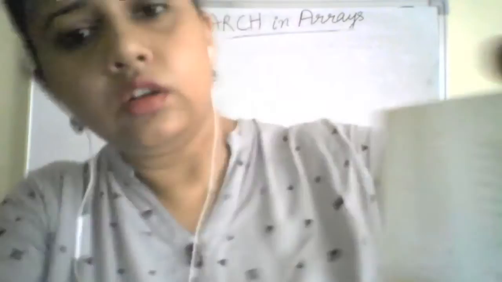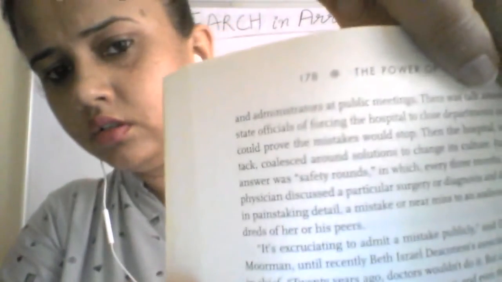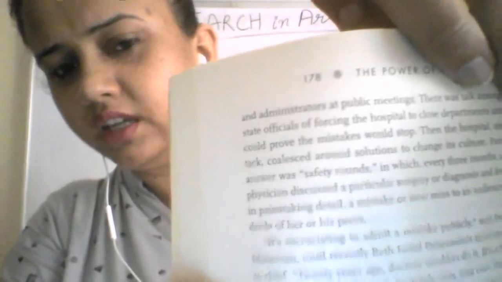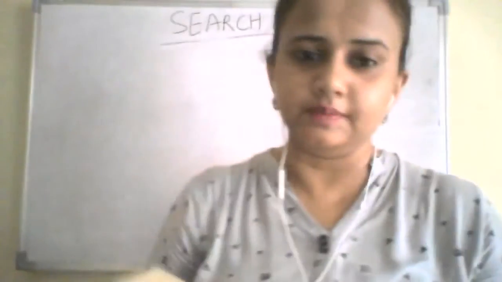I have divided my book into portions. Now on one side I can see page number 178, and the other page is 179.